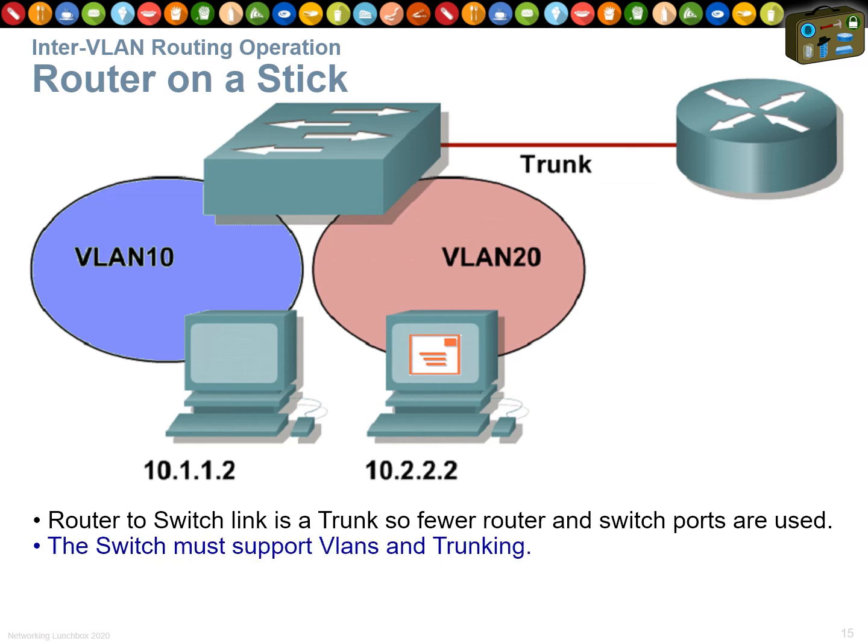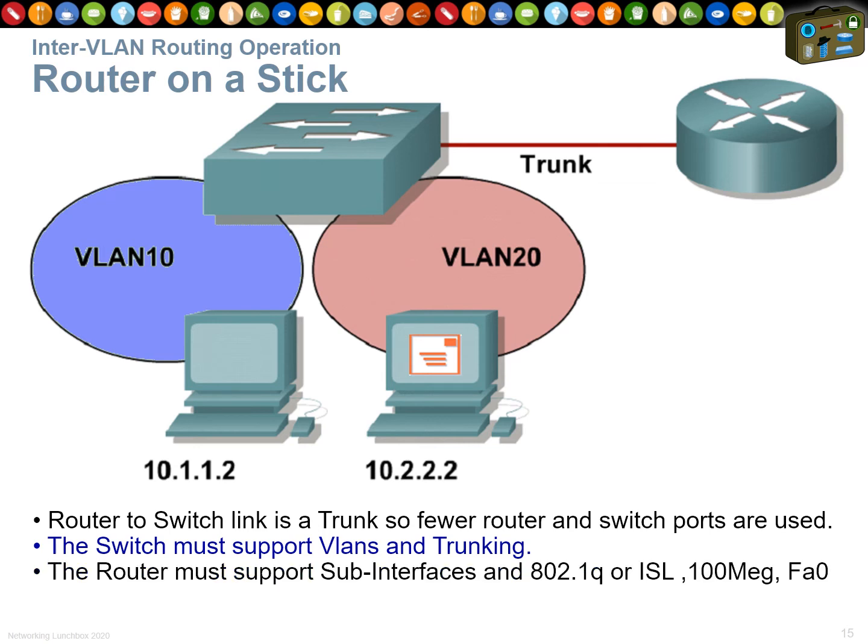The switch must support VLANs, must support trunking. The router must support sub-interfaces and 802.1Q encapsulation. But all the VLANs are on a single interface. So if that's only a 100 meg interface, a couple of VLANs, no problem. You put 50 VLANs on there, that link is going to get pretty tight. So either have a gig or something better.